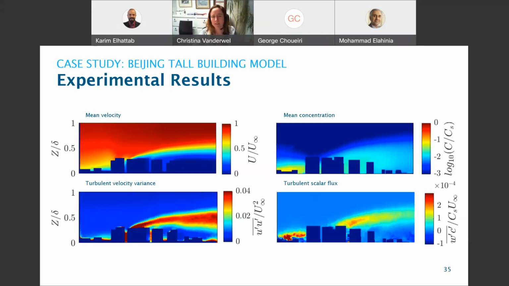We can see this even more clearly when we plot the turbulent scalar flux. The turbulent scalar flux is the vertical velocity fluctuation multiplied by the concentration fluctuation. When you take the average of that, this is essentially the correlation between the vertical velocity and the concentration, which represents the net turbulent flux in that direction.